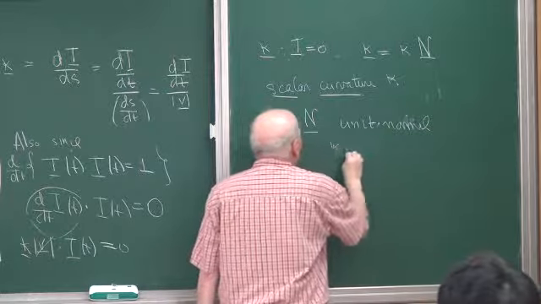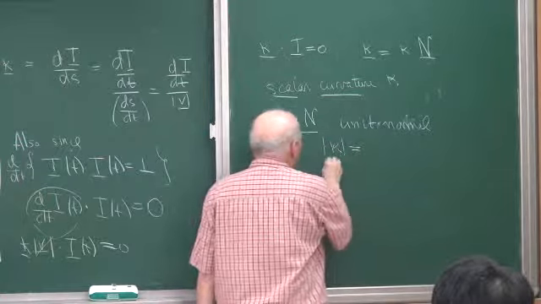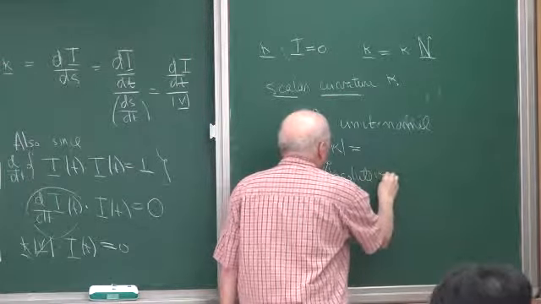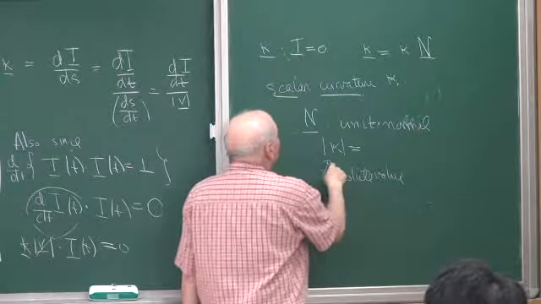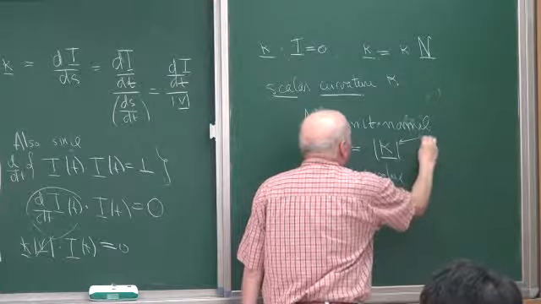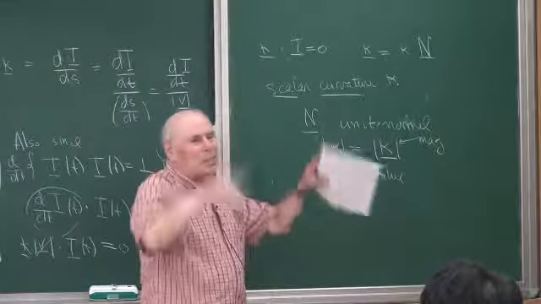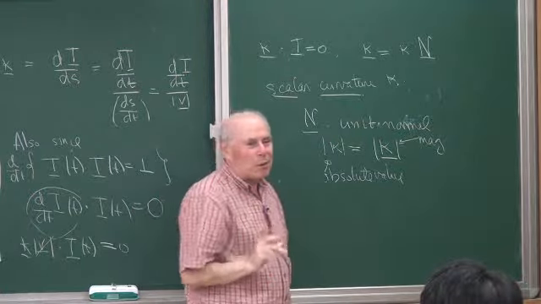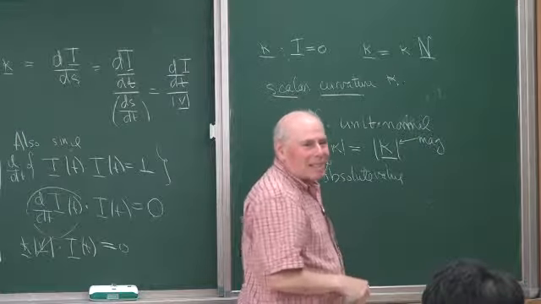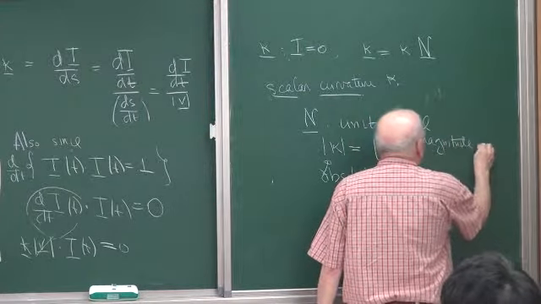So kappa, the absolute value of the scalar, is equal to the magnitude of the vector. I use the same notation for two different things, but you know what I mean.